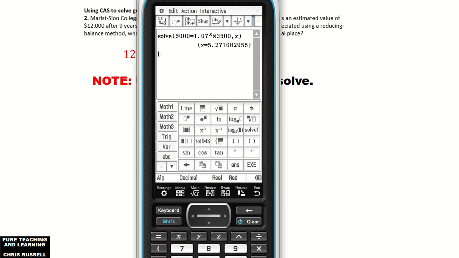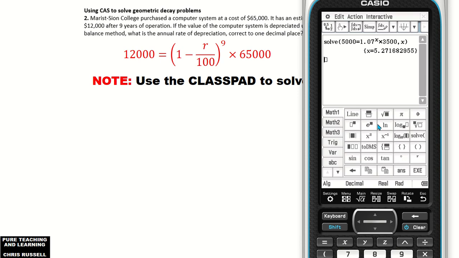So like we did before, and I'll just bring it over here, we use the solve function. We go 12,000 equals, in brackets, 1 subtract, instead of R we can use X, to the power of 9, and we multiply by 65,000, and don't forget the variable, so comma variable, and execute.